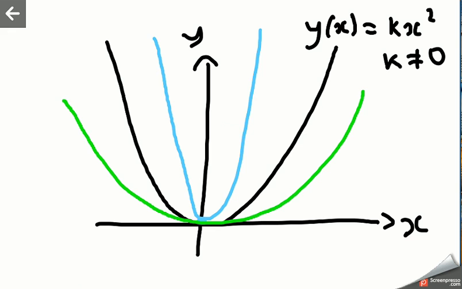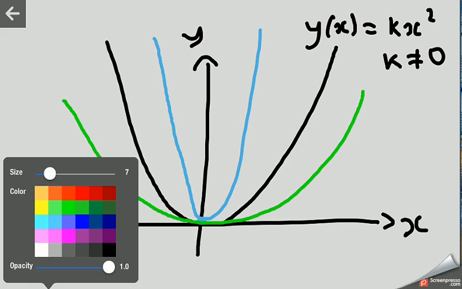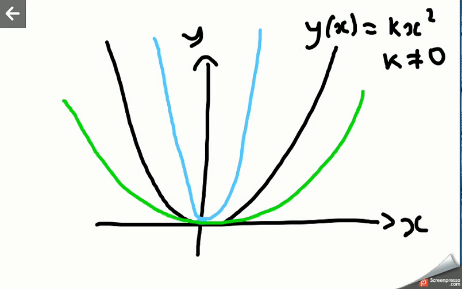And also, if k is negative, it has the effect of flipping the whole thing upside down, because the y values are the same as before, except in the negative direction. So it's pretty much the same graph except flipped upside down, because we got negative y values instead of positive ones. Alright, so that's a quick summary of what we learned so far.